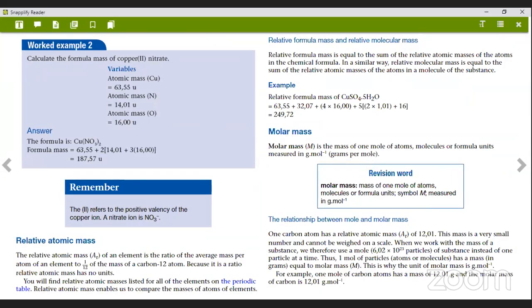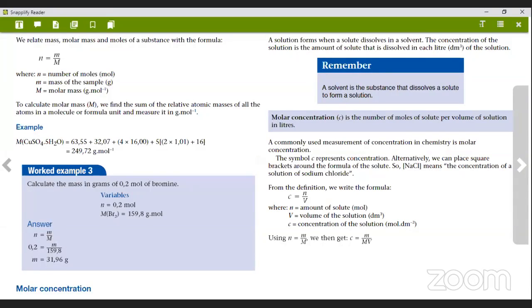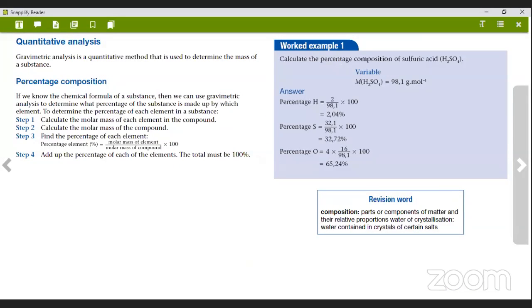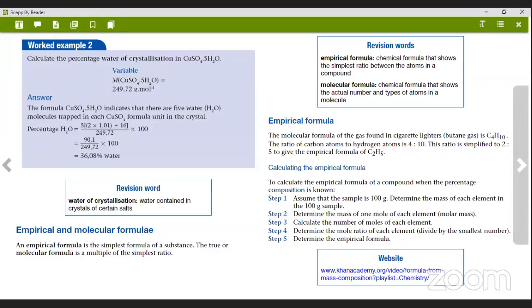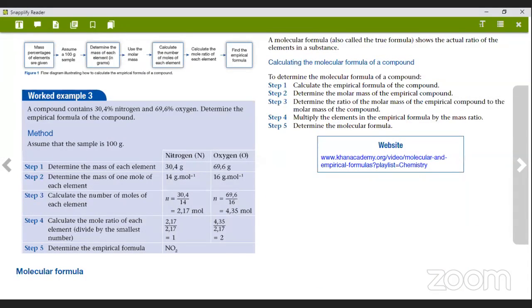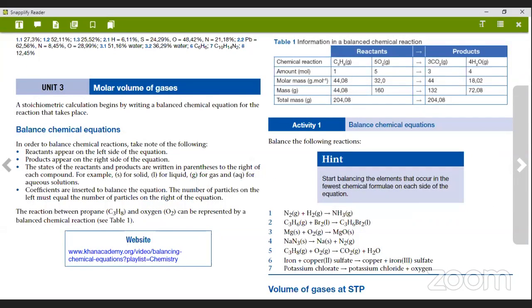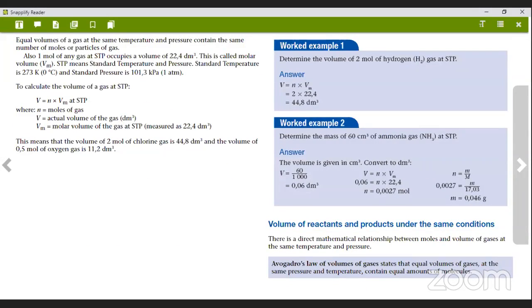No, this one we've done it. So you see, all of these things go back to what we've already done in our previous lesson. It's just adding on. So now we're moving on. Molar volume and gases. Okay, this is what we did yesterday and the homework that we had.